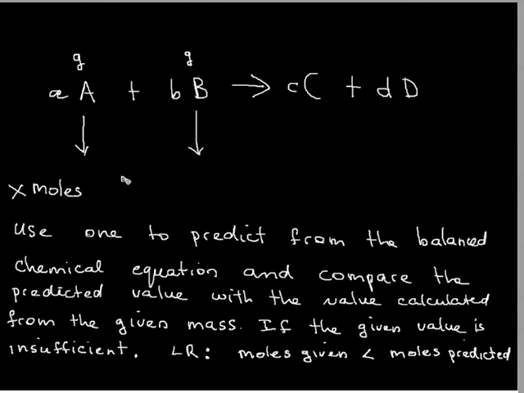And you already know that you are given Y moles of B. Once you have the answer predicted from your stoichiometry and the mole ratio, which I cover in another video, you want to uncover the amount that they gave you, and you know they gave you Y moles because you calculated it from the given value. And then compare how much is required against how much is given.